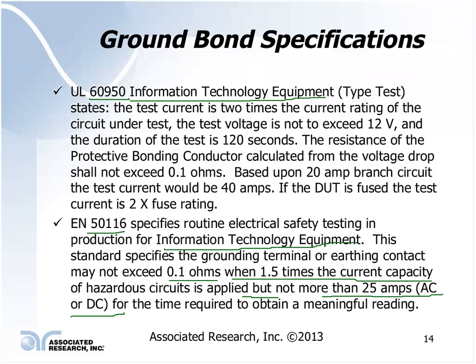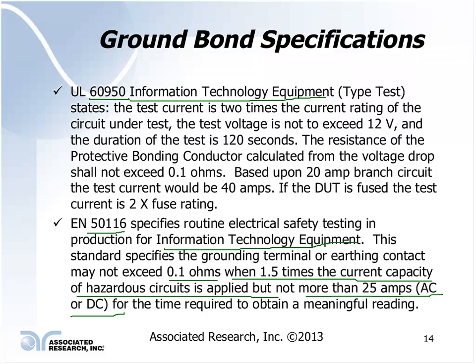This standard didn't necessarily specify AC, but some of the standards do specify at the rated frequency. So it is an AC ground bond test. Some standards say AC or DC.